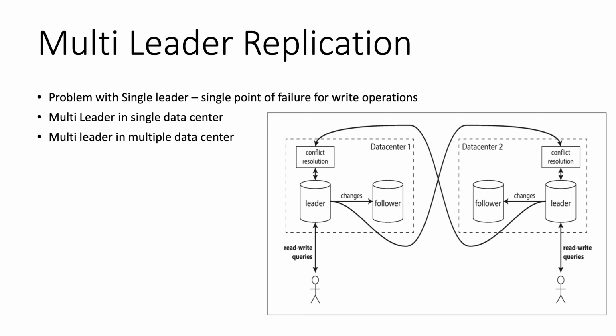But in a multi-leader configuration, you can have a leader in each data center, like in the image shown below. Within each data center the regular leader-follower replication is used, but between data centers each data center's leader replicates its changes to the leaders in the other data centers.